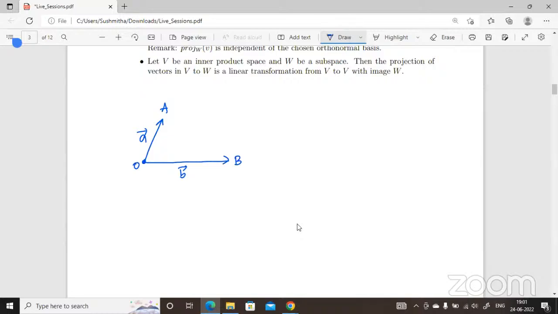Suppose I want to project the vector A on B, what will I do? We take a perpendicular, like a shadow. And then you try to find this vector. Whatever this vector is, that is the projection of the A vector on the B vector, right?